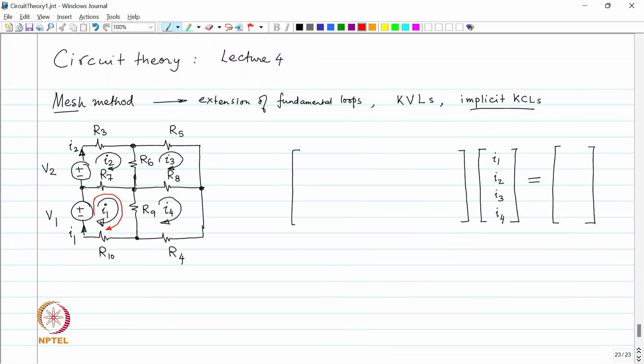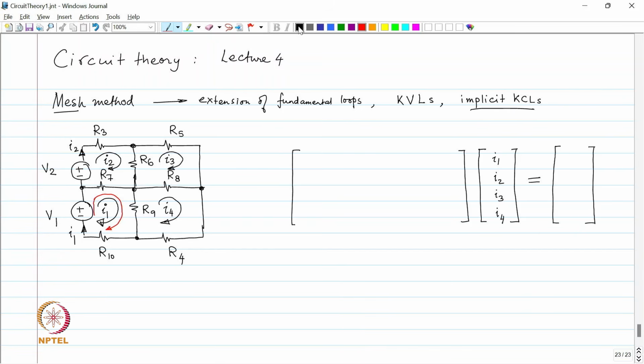Then what is the drop going from left to right across R7? I1 minus I2 times R7. What is the drop going from top to bottom across R9? I1 minus I4 times R9. What is the drop from right to left across R10? I1 R10. Sum of all these drops is equal to 0.